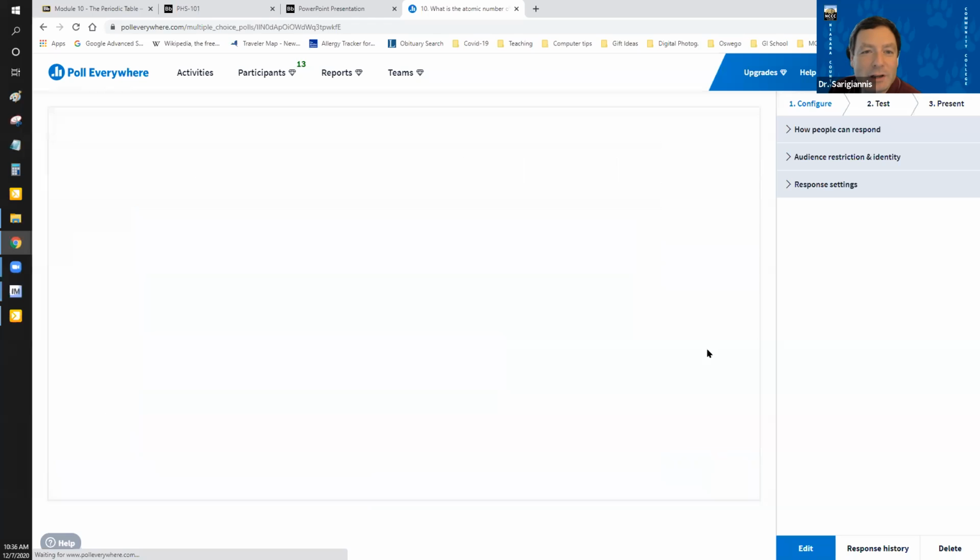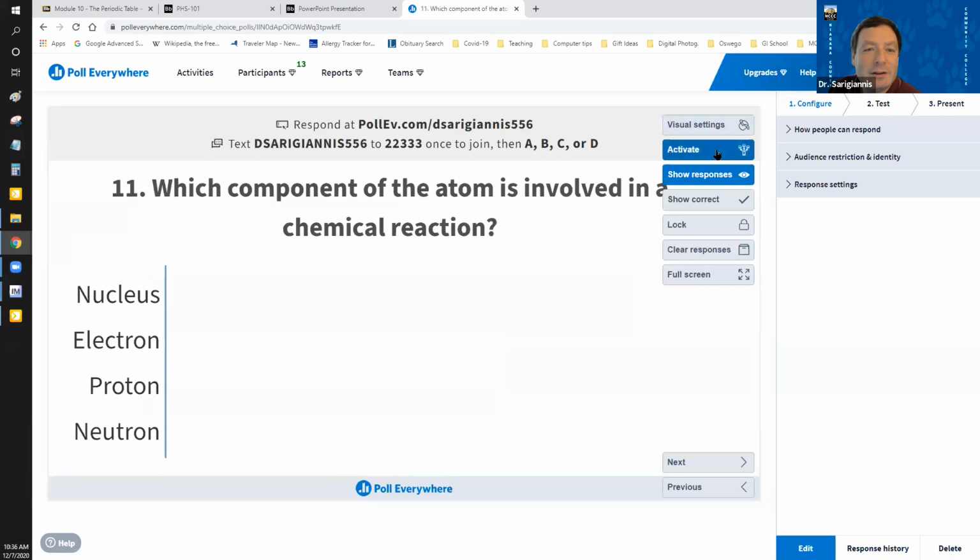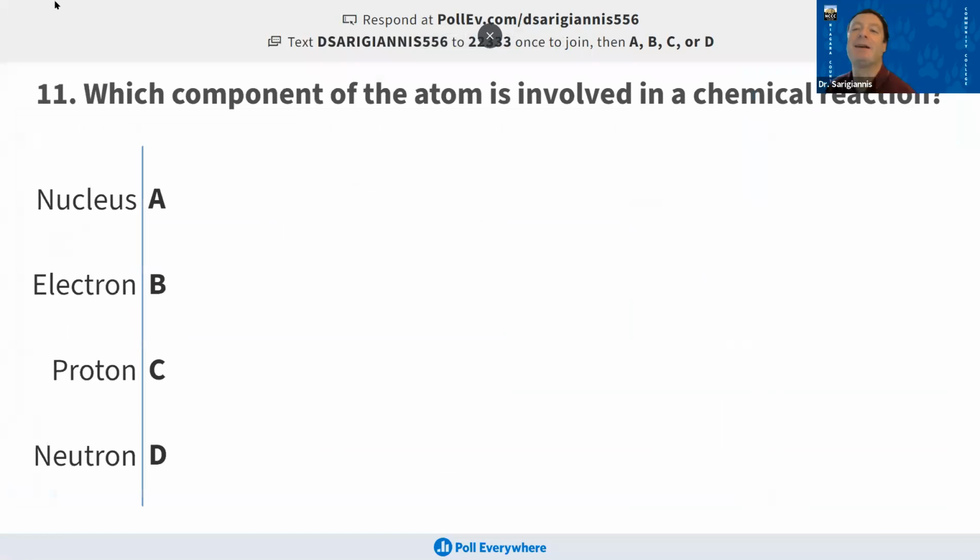All right, let's go to the next one here. Which component of an atom is involved in a chemical reaction? You have four choices here.